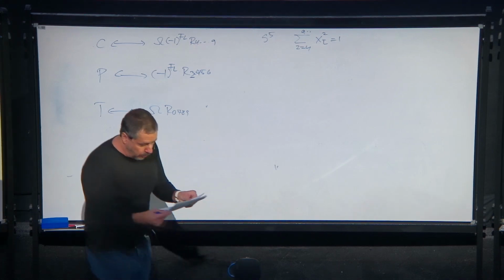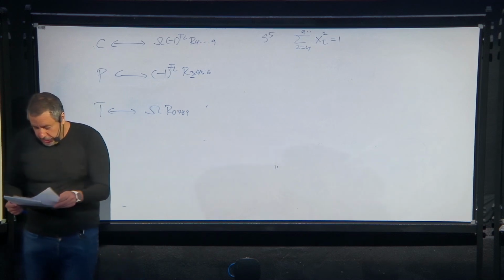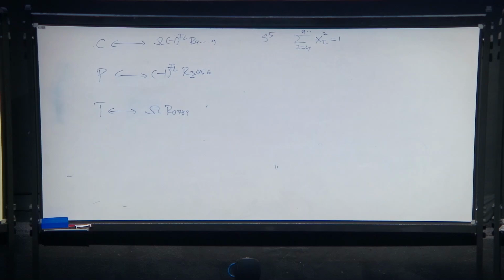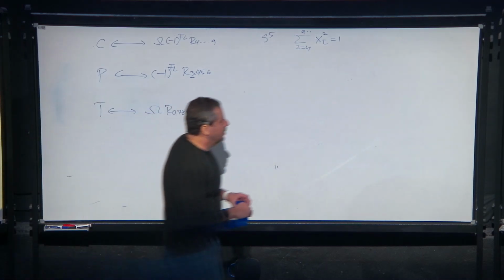Okay, so I will not tell you how this is derived. Maybe I will just finish with one statement that I think would be interesting, irrespective of whether you care about any of this.